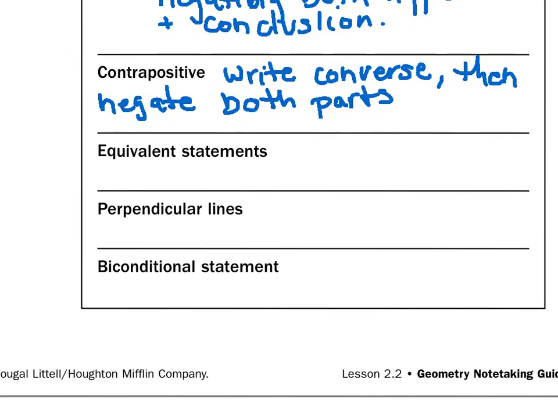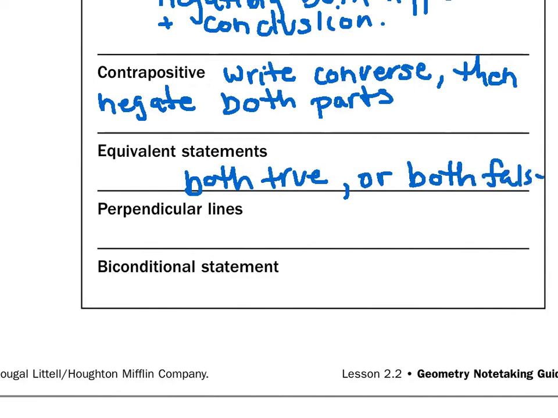Okay, equivalent statements. Equivalent statements are statements that are both true or both false. Okay, you should know now what perpendicular lines are. Two lines that meet in a right angle.